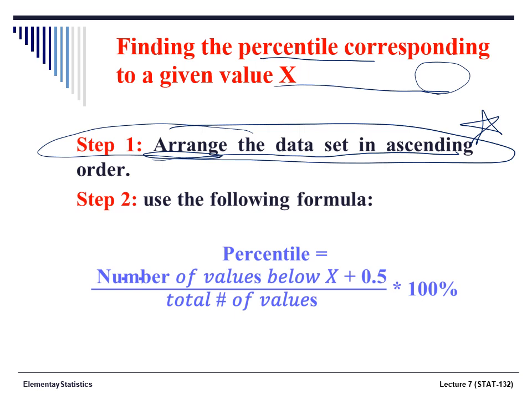And then you use the following formula. The percentile of X is equal to the number of values below X, or less than X, plus 0.5, divided by the total number of values, times 100%.